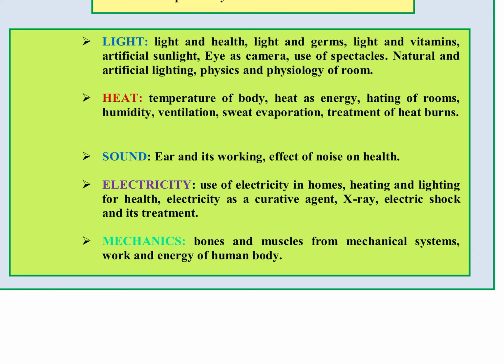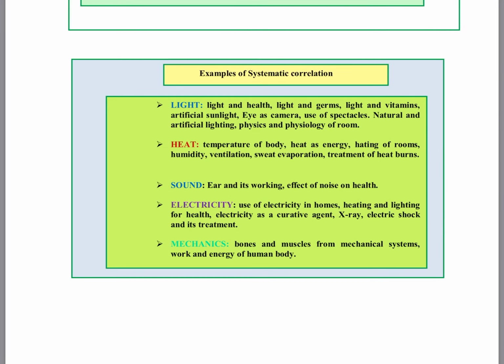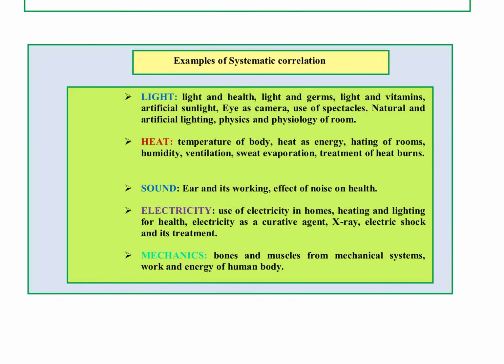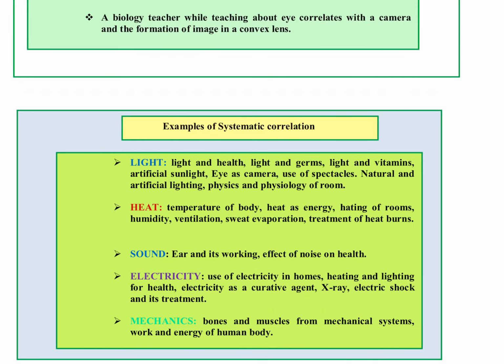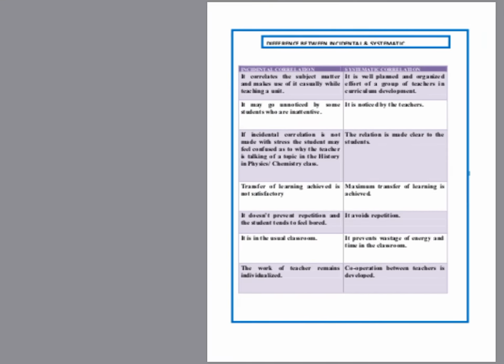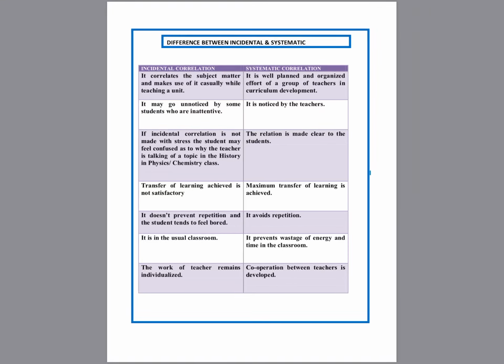Work and energy are some of the chapters included under the heading mechanics. So these are examples of systematic correlation. I hope this part is clear to you, both incidental correlation and systematic correlation. Let us move ahead.